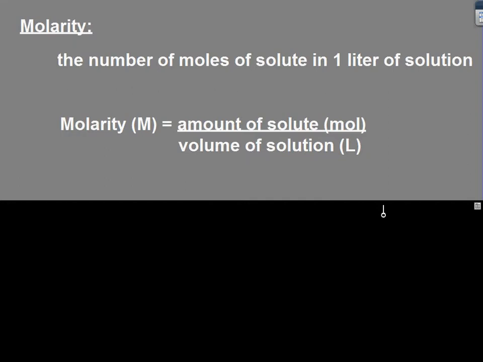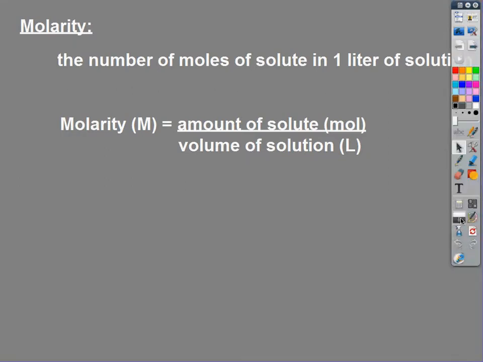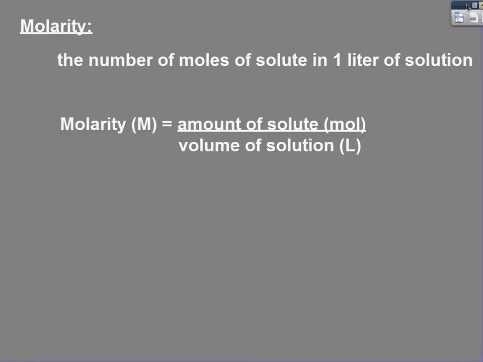Everything has to be converted into liters. So you got molarity, which basically is the concentration, the strength of your solution. And the way you find that is the amount and the volume.